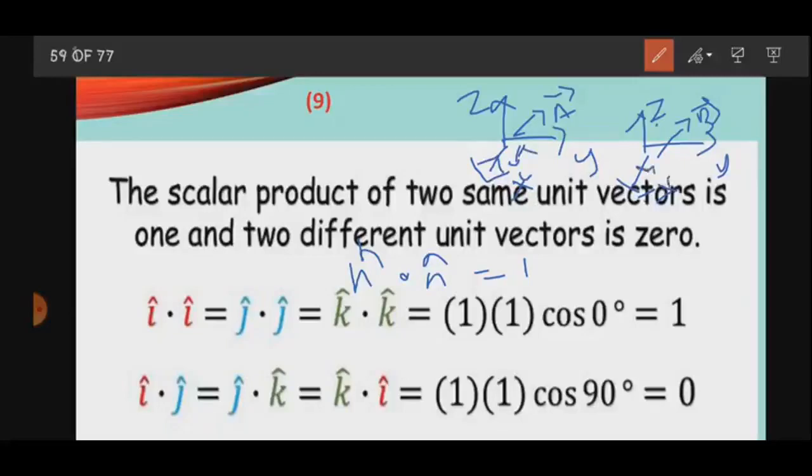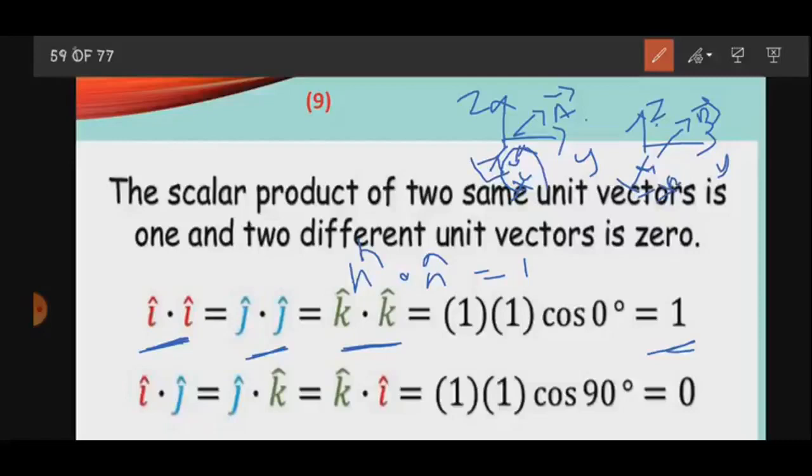This is also i unit vector with respect to b. This one is with respect to a vector. Therefore both are in the same direction, so theta is equal to 0. Cos 0 is equal to 1. Therefore i cap dot i cap is equal to 1. j cap dot j cap is also 1. And also k cap dot k cap. K cap is nothing but a unit vector. K unit vector dot k unit vector is equal to 1.